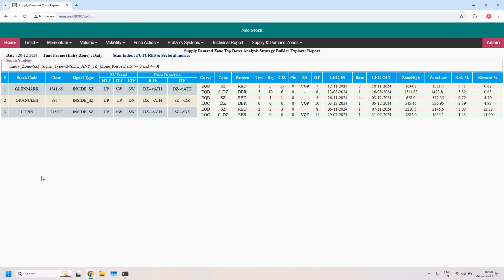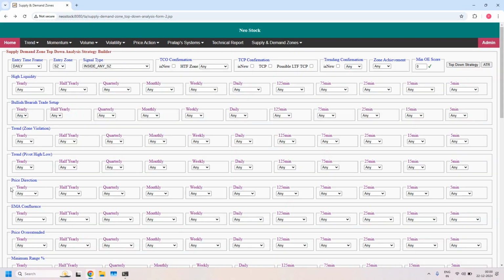Let's verify any of these daily supply zones are having EMA Confluence. Only the second one is valid because daily trend is down, remaining sideways. Let's verify. In the EMA Confluence, daily time frame, daily supply zone having daily EMA Confluence, and in the trend on daily time frame should not be sideways, so I am selecting up or down.